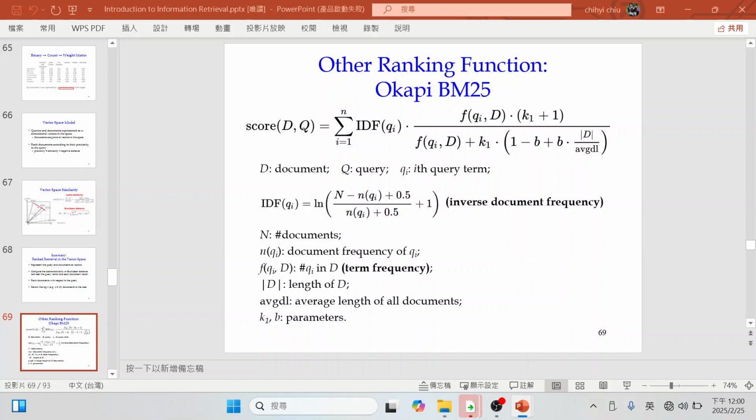Here N is the total number of documents in your data set, and n of q_i is your document frequency. You see it's the inverse, right? We use the minus to represent the document frequency in inverse form. It is multiplied with your term frequency. The function f represents the term frequency for a given query and document.